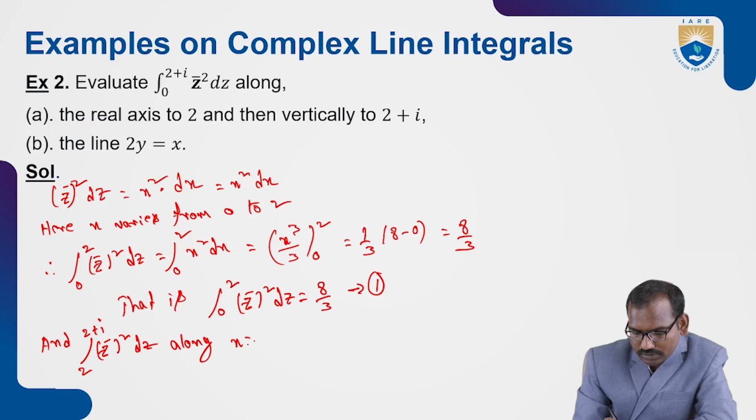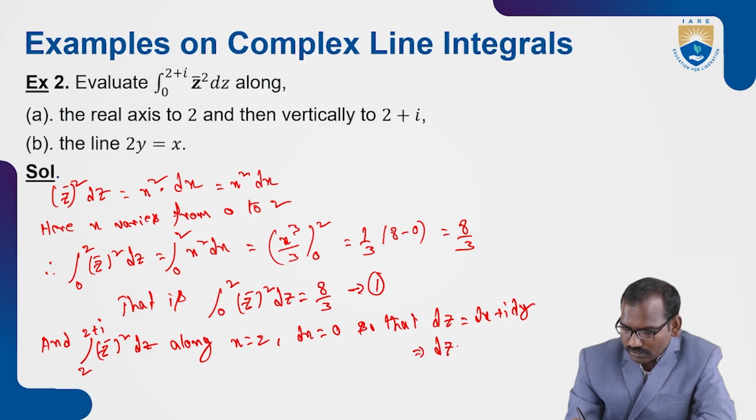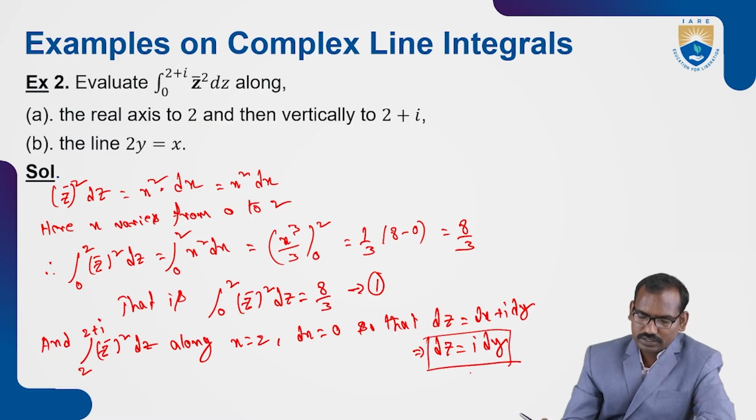Along x equal to 2. Along x equal to 2, what is dx? dx becomes 0. So that dz becomes, we know, dx plus i dy. Here dx is 0, which implies dz is i times dy. Okay, this is required for us.